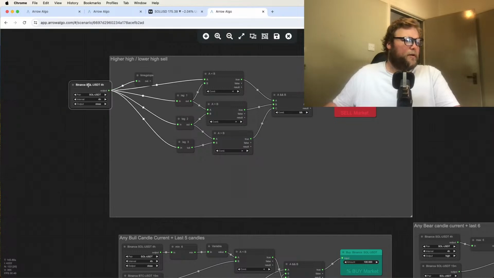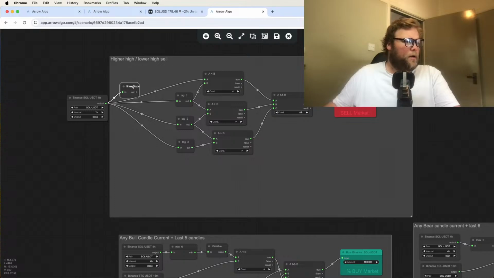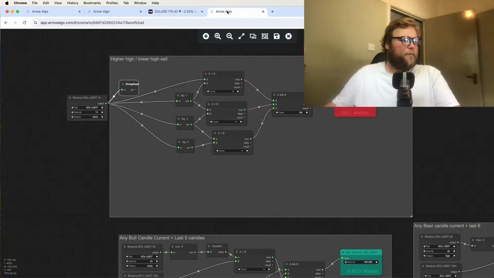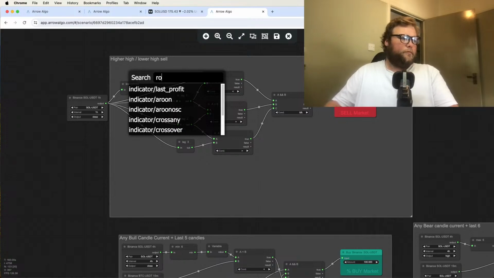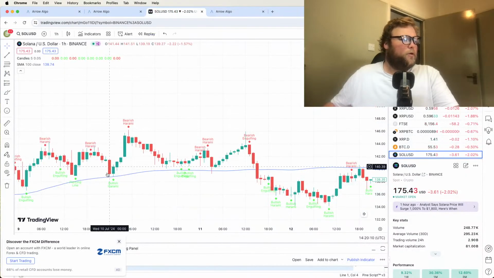And I'm going to take this time frame down a bit actually. I'm going to look at 1-hour candles so that we can get a slightly quicker signal. So we're looking at the slope of the candles here with this linear regression, and then the other thing that I'm going to do is look at the rate of change. So we're looking for how quickly is the slope of these candles changing.